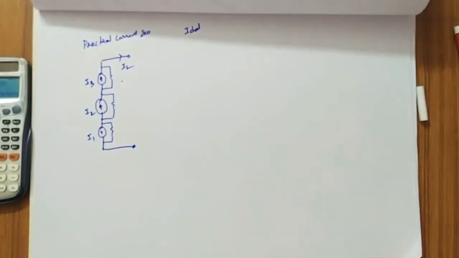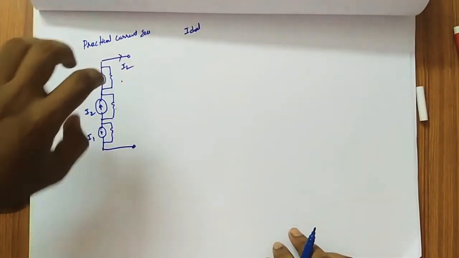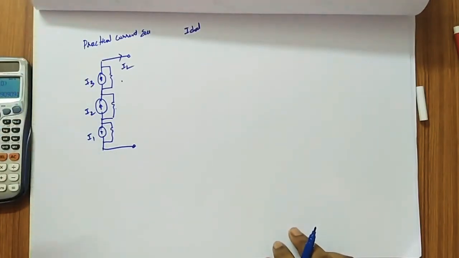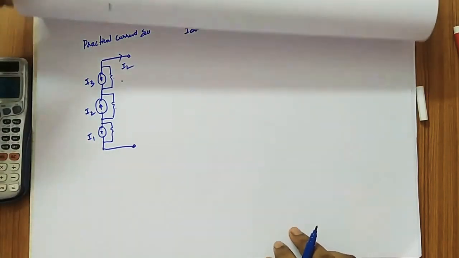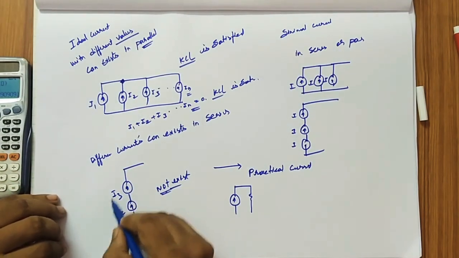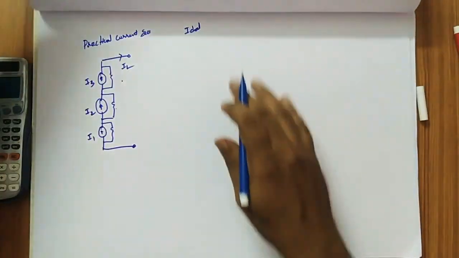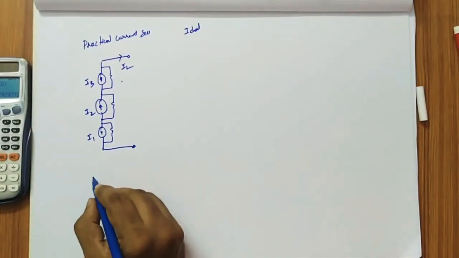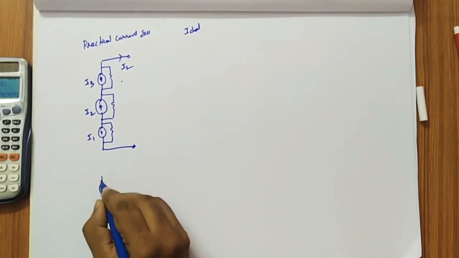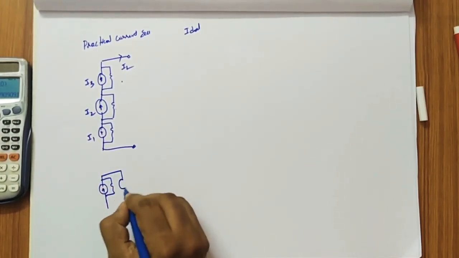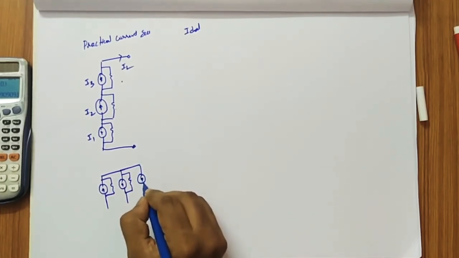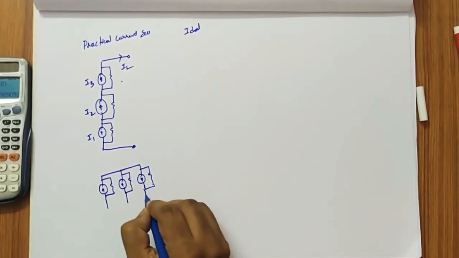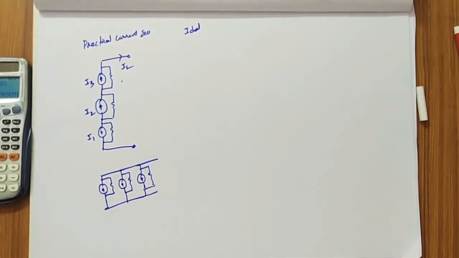When the internal resistance exists in a practical voltage source and current source, they can exist in series parallel combination. But in the ideal case, the series combination of ideal voltage and current sources does not exist. Similarly, practical current sources can be connected in parallel. Just do KCL and KVL and check.